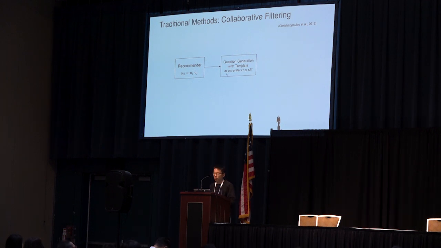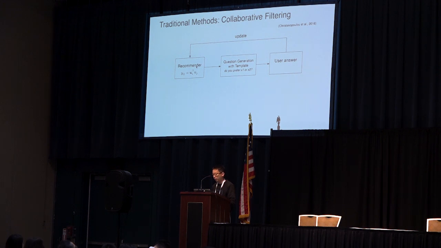The template is fixed. It is always do you prefer x1 or x2, and the choice of the x1 and x2 is based on the current recommender system, and then provide the user answer, and then update the current model.